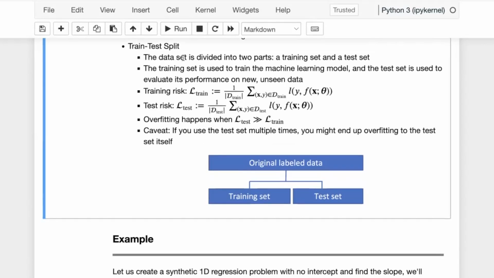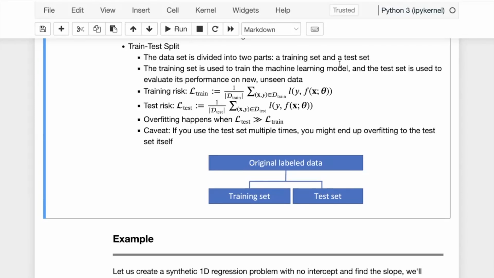So in this case, as the name suggests, we are going to divide the data into two parts, a training set and a test set. And then the training set is used to train the machine learning model, which means that we find those unknown coefficients or weights, like for example, the W0 through WD that we just saw. And the test set is used to evaluate the performance on new or unseen data, which is a holdout data set.